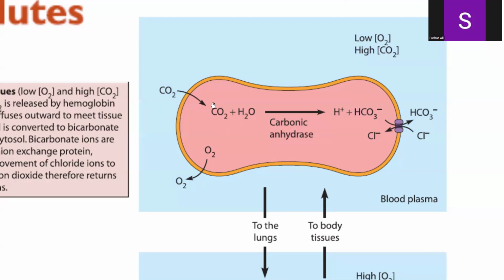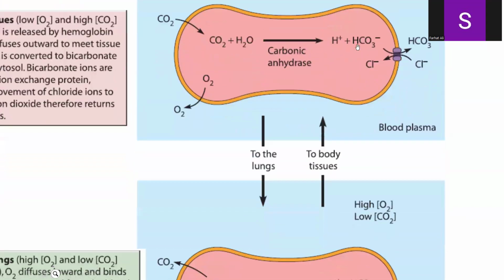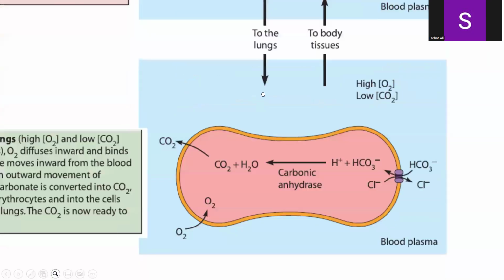As carbon dioxide diffuses into the red blood cell, it is converted by the carbonic anhydrase enzyme into carbonic acid. That carbonic acid will dissociate into bicarbonate ions, and this bicarbonate is then carried by the red blood cells through blood circulation to the lungs.